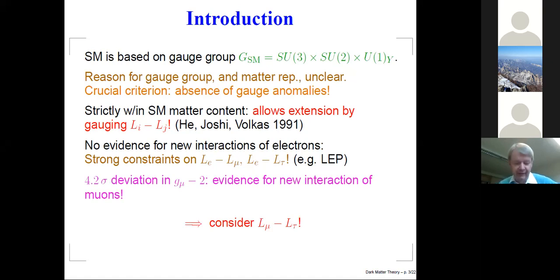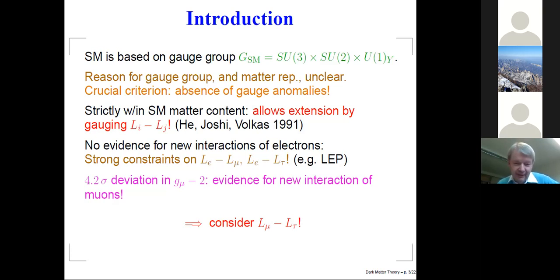On the other hand, there is evidence for new interactions of muons, namely this 4.2 sigma deviation between the experiment and the standard model prediction of the anomalous dipole moment of the muon.